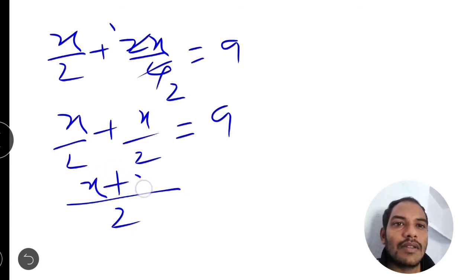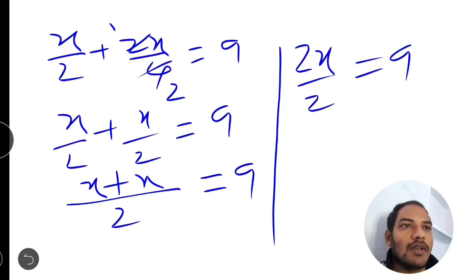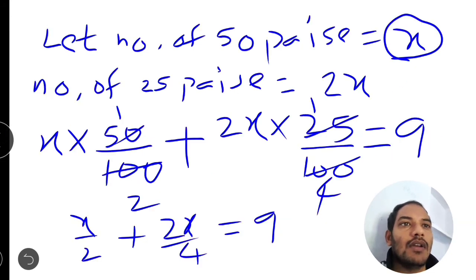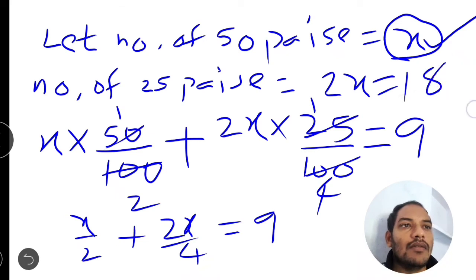Add the numerators, x plus x, equals 9. So x plus x is 2x divided by 2 equals 9. Here the 2s cancel, x equals 9. So the number of 50 paise coins is 9 and the number of 25 paise coins is 9 2s are 18.